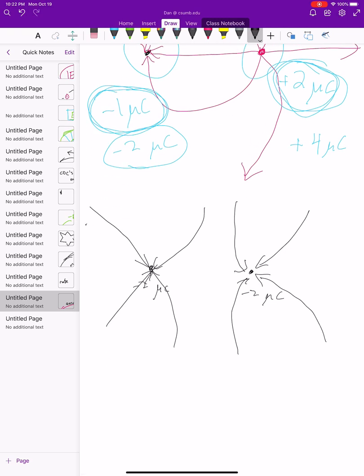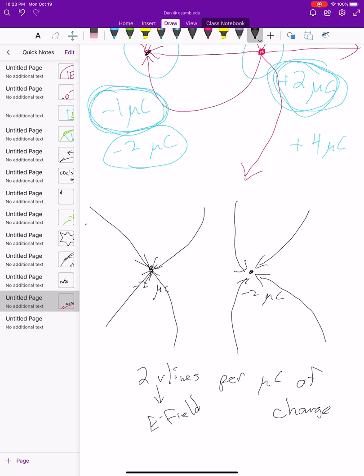So from a distance, according to this one, I have 2 lines per microcoulomb of charge. 2 E-field lines, I should say, per microcoulomb of charge.